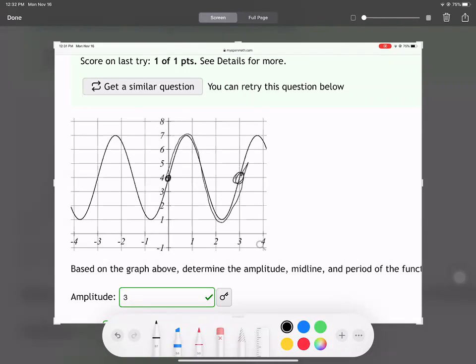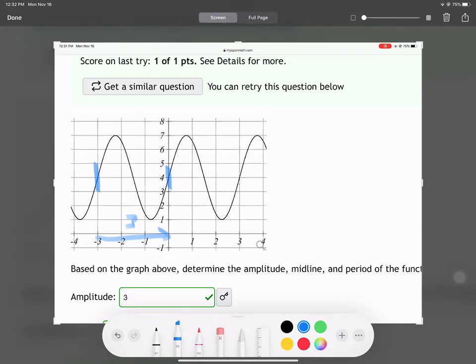Yeah, that's our period. Even if it's an ugly point back here, let me show you something. What if I start back here? That's a nice point. What's the distance between those two nice points? That's 3 spaces, and that's the period.